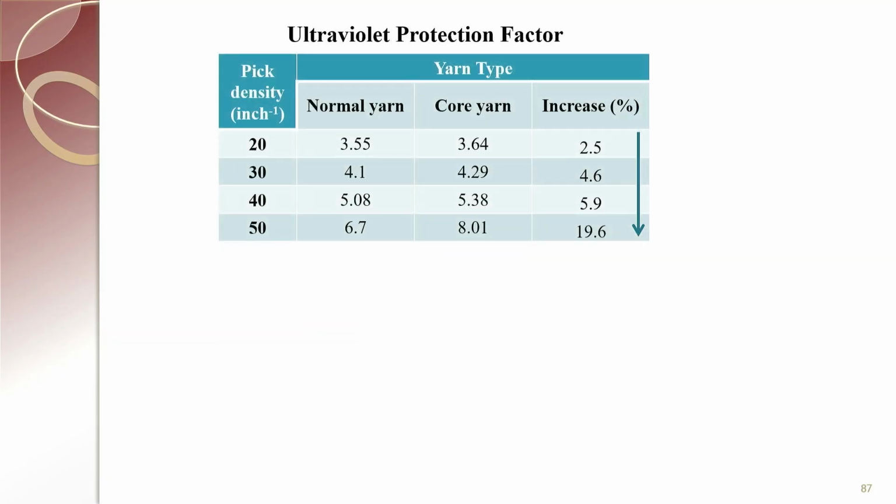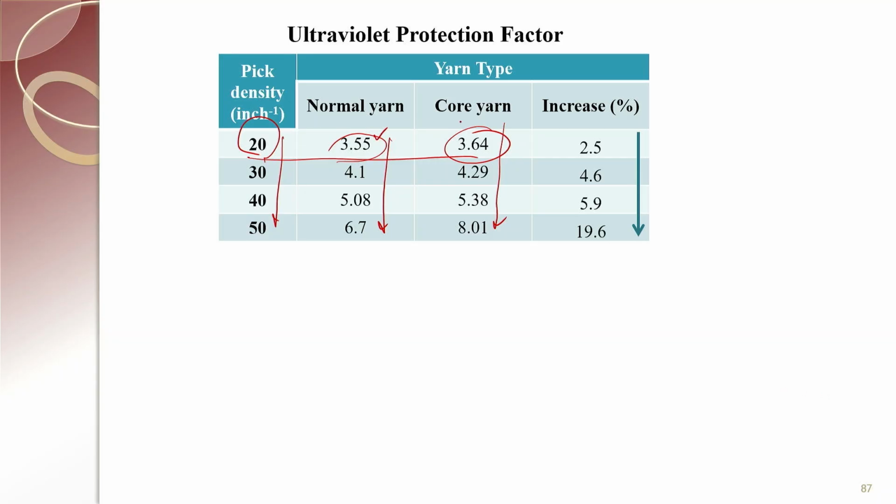Now, try to see the UPF value. With the increase in pick density, for normal yarn the UPF value increases, and for core yarn also it is increasing, and core yarn has got higher UPF than the equivalent normal yarn for the same GSM, keeping all other parameters same, yarn count same, pick density same, end density same.